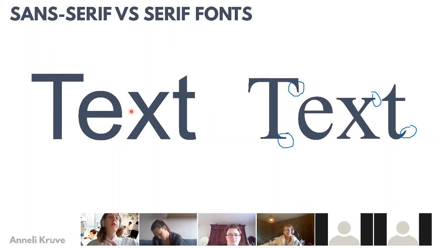So Arial is one, and there are quite many. I would say that today most of the fonts are sans serif fonts actually.